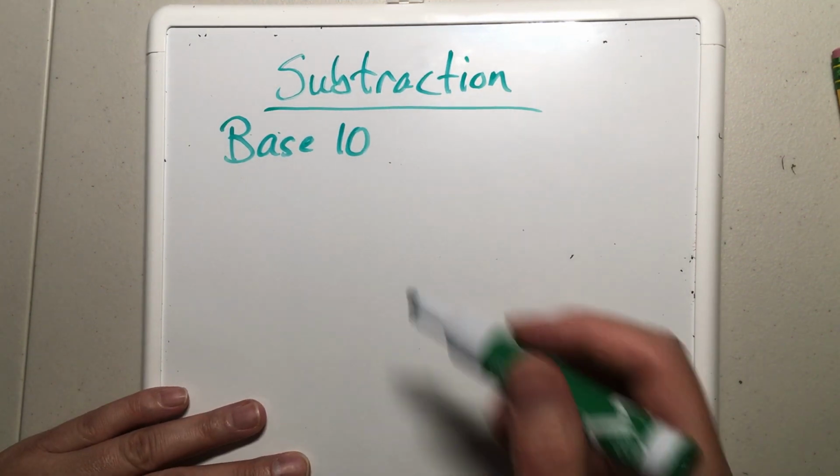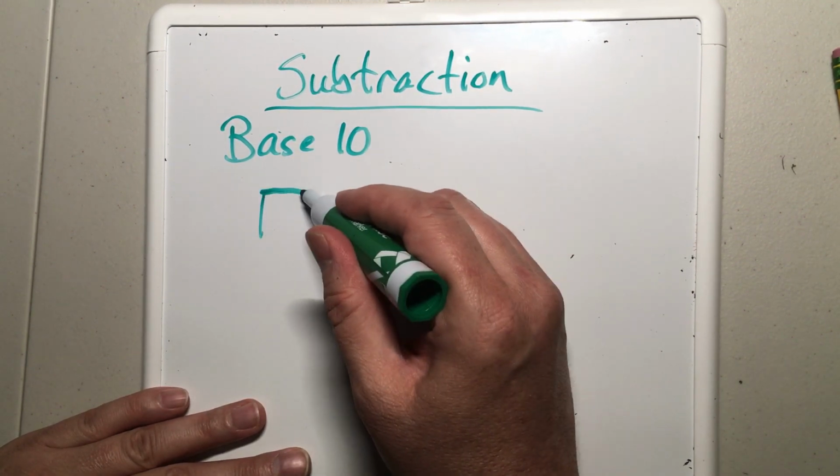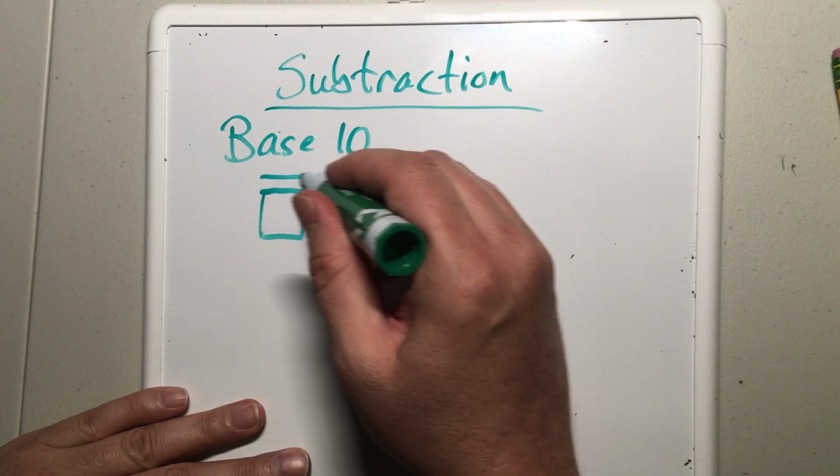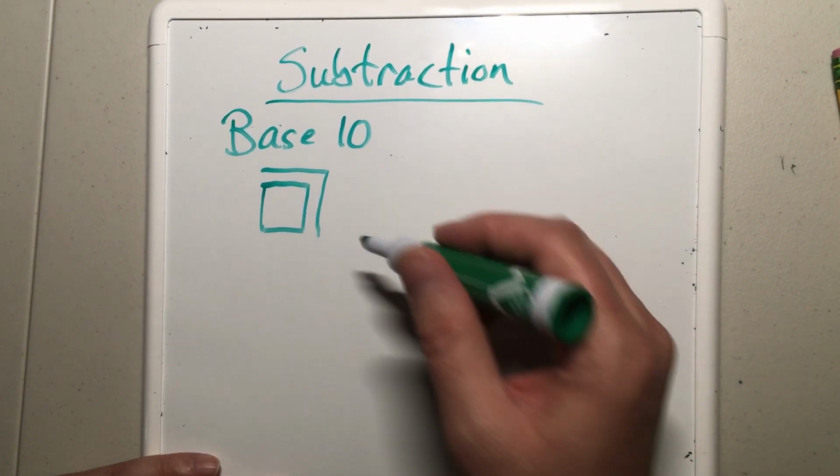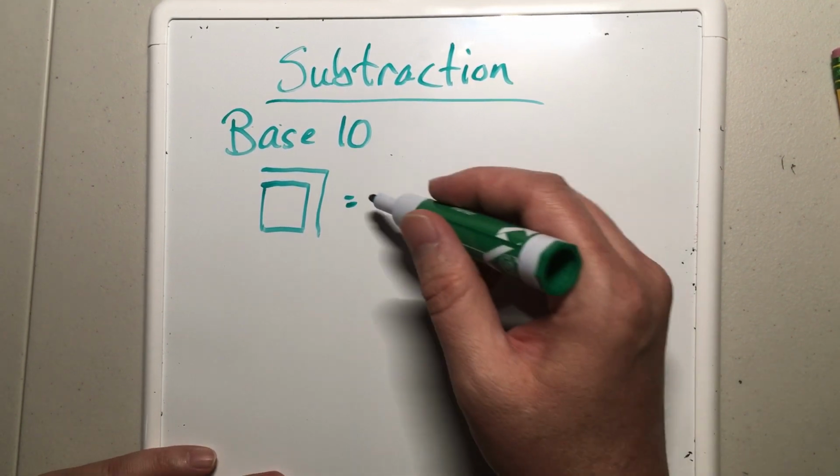Let's review if you didn't see this yesterday. This symbol means 1,000. It's called a big cube.